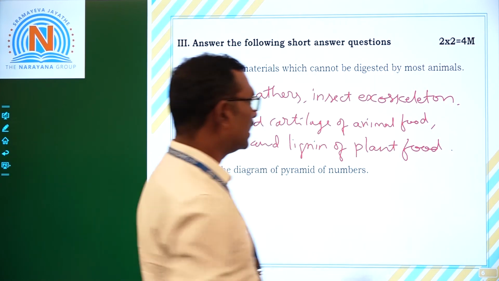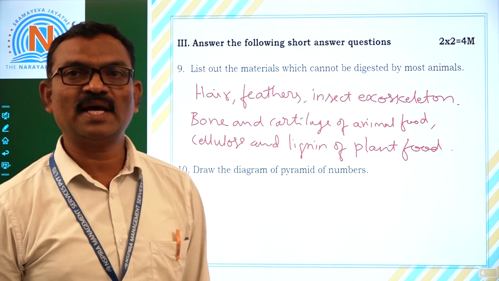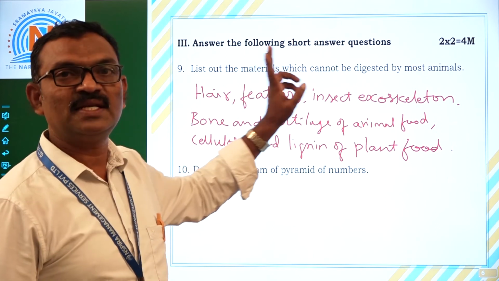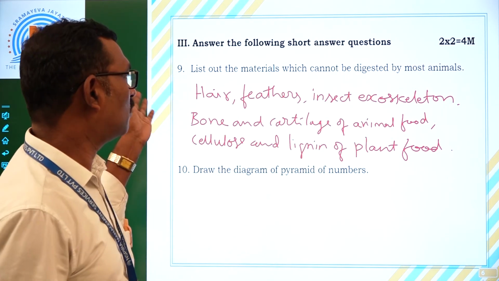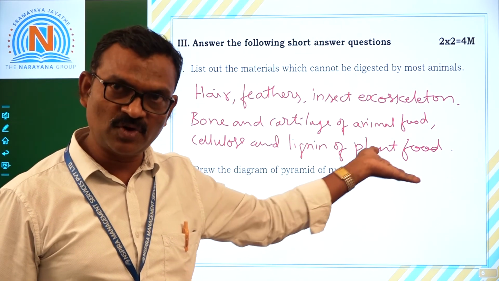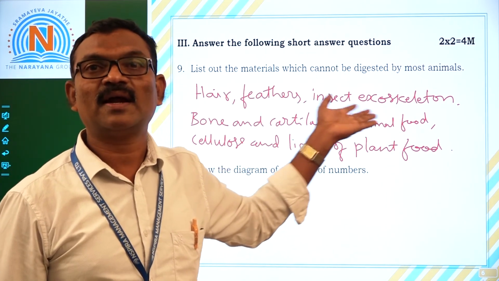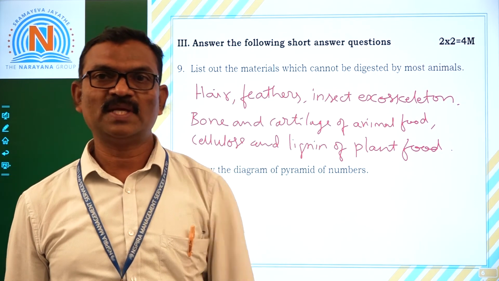These cannot be digested by most of the animals. Once again I am repeating: hair, feathers, insect exoskeleton, bone and cartilage of animal food, cellulose and lignin of plant food cannot be digested by most of the animals.